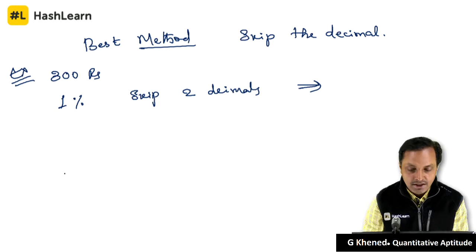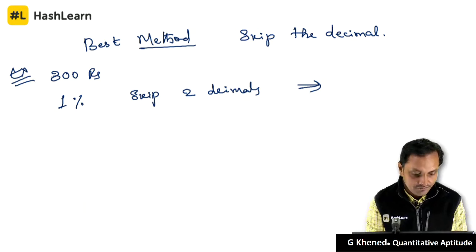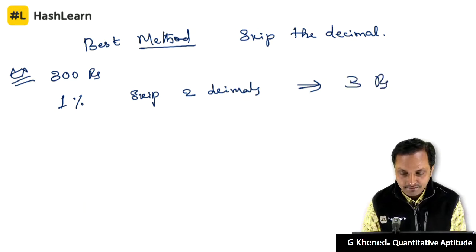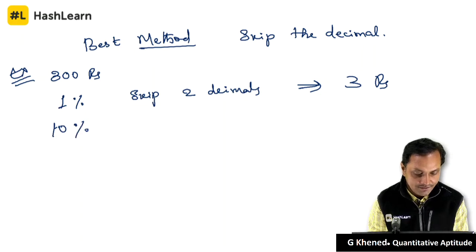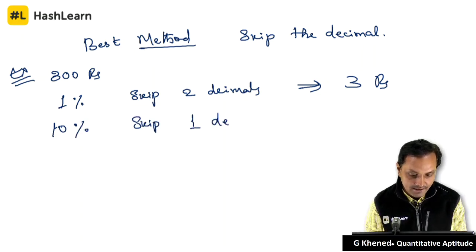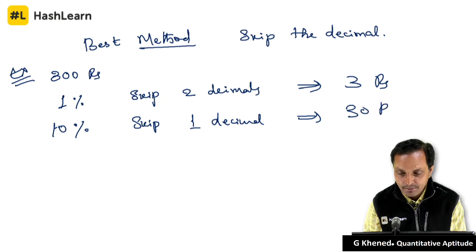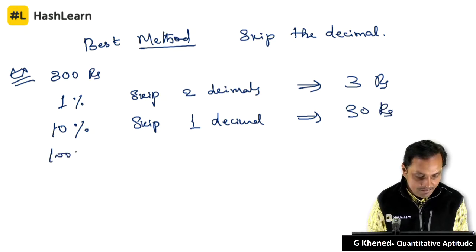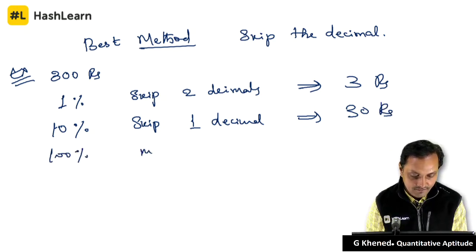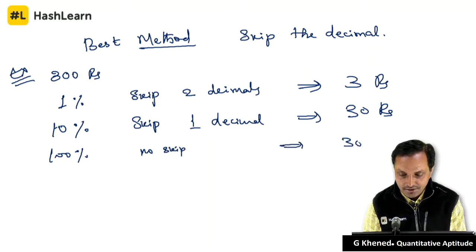If you skip 2 decimals, it is 3 rupees. If it is 10%, you skip 1 decimal. What is it if you skip 1 decimal? It is 30 rupees. Suppose if it is 100%, no skipping. It is full 300 rupees.